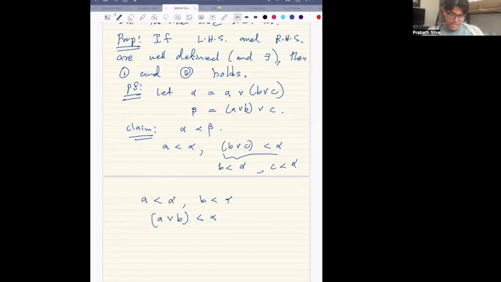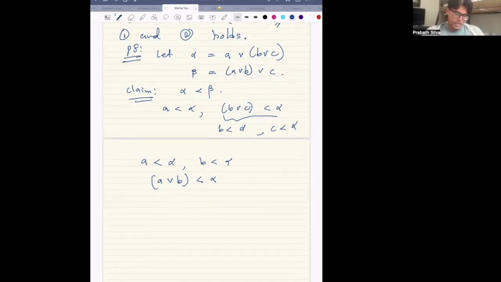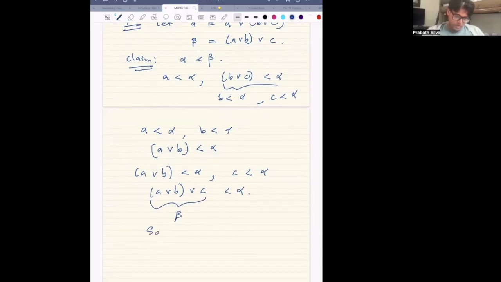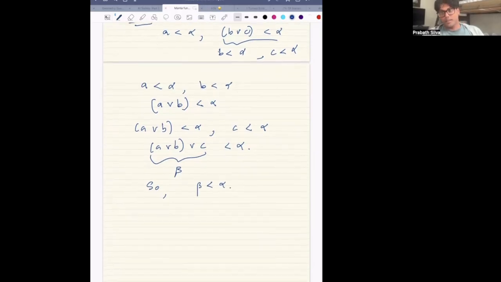Okay. And now I can take A union B less than alpha and C less than alpha. And from the same argument, you get A and B union C less than alpha. Okay. But this is beta. So beta less than alpha. So it's okay, it's close enough.